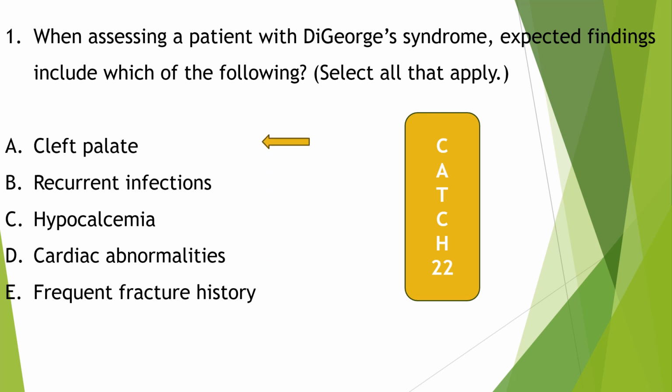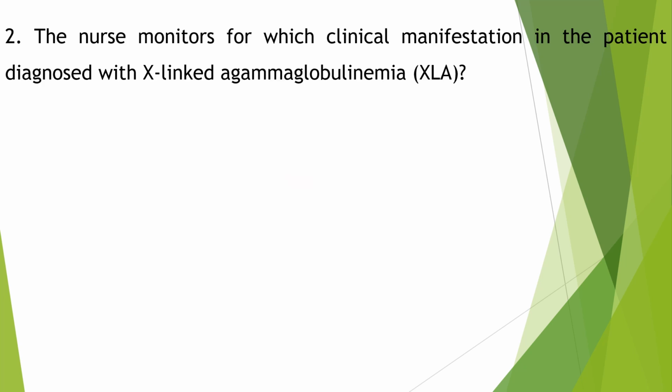So from this acronym we will be able to answer this question. Cleft palate we can see, recurrent infection you can see, hypocalcemia and cardiac anomalies. Hope you understood this. Second one, the nurse monitors for which clinical manifestation in the patient diagnosed with X-linked agammaglobulinemia, XLA.